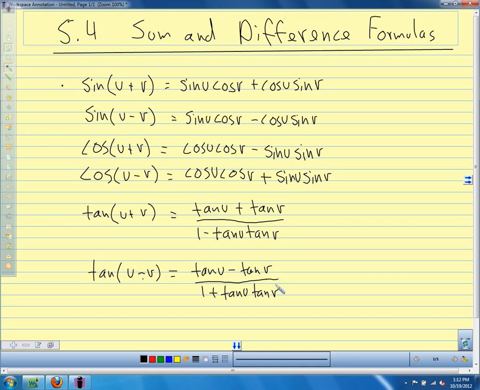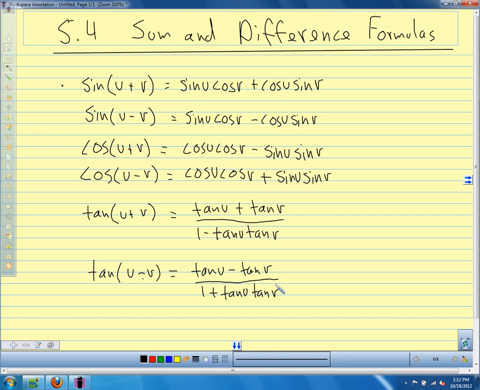So when we do our quizzes and our tests, you'll have this half sheet, so you don't have to memorize these. I really don't have these memorized either. The ones that I would suggest memorizing are the Pythagorean identities and the reciprocal identities, like secant of theta is 1 over cosine theta.